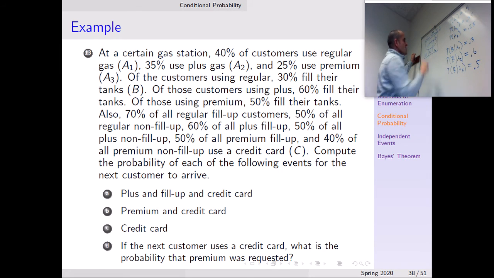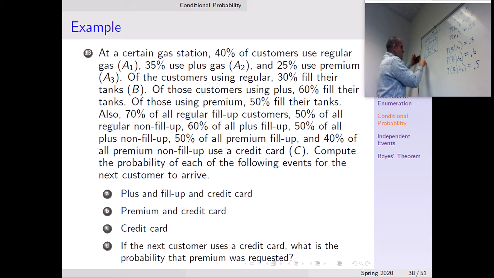I just drew these pictures in here. If I want the probability of B given A1, I'm really zooming in to A1 as the new sample space for that computation. This section right here, relative to A1, is the probability.